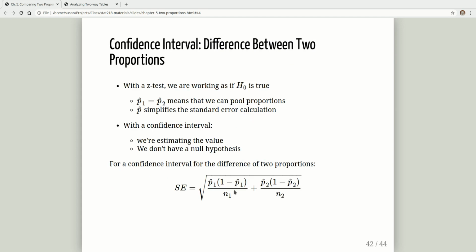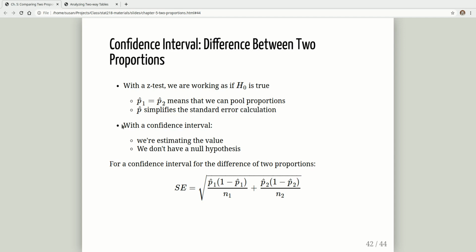Right? Okay. Now, confidence intervals that are theory-based for the difference between two proportions. In our z-test, we assumed that the null hypothesis was true and that the 2 sample proportions were the same. That made our standard error calculation a little bit simpler, but when we do a confidence interval, we can't make that assumption.